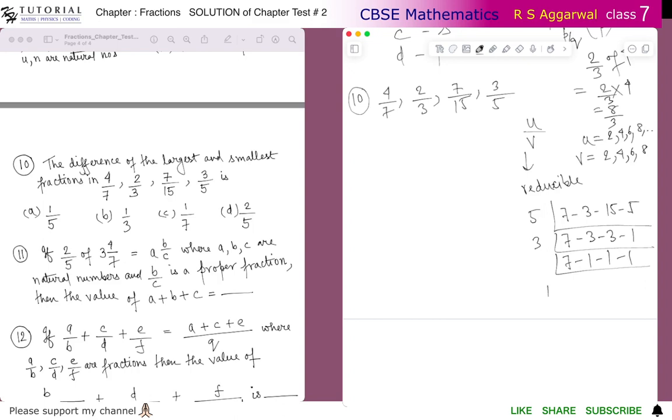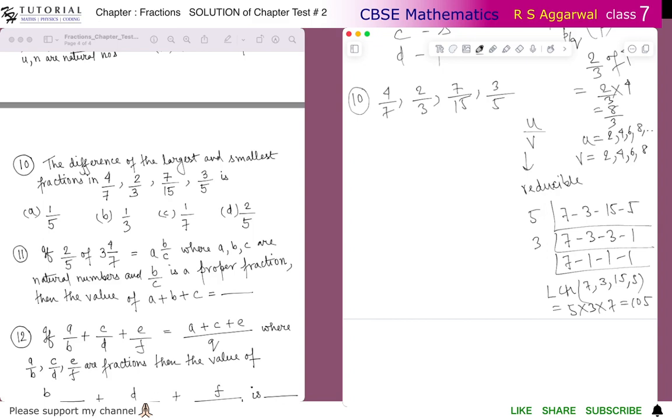So the LCM of 7, 3, 5 is 5 into 3 into 7, which is 105. Okay. So the LCM is 105 of all the denominators.